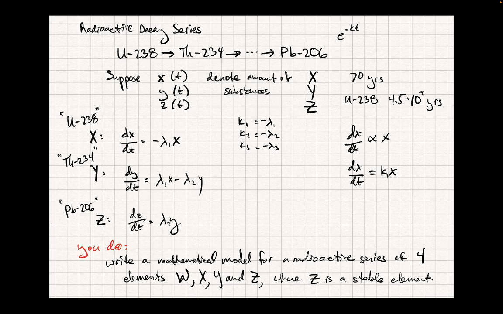Element W does not directly decay into element Y. So Y is still losing atoms from its own decay and gaining atoms from the previous step, X, but the amount of W does not directly affect Y. So there's not a third term here for Y. It should be lambda 2 X minus lambda 3 Y. It's gaining atoms in proportion to the amount of X, and it's losing its own atoms from the decay.